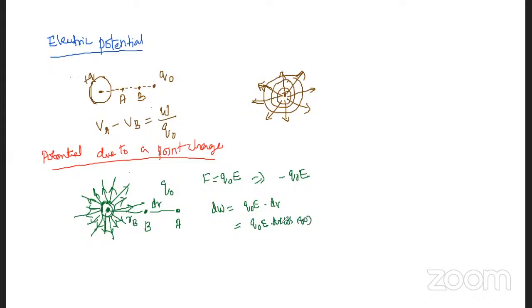Because we are moving against the force, so cos 180 equals minus 1, and it will be equal to minus q naught E dr. So the work done by some external agent to move the test charge q naught from point A to B is given by minus q naught E dot dr.